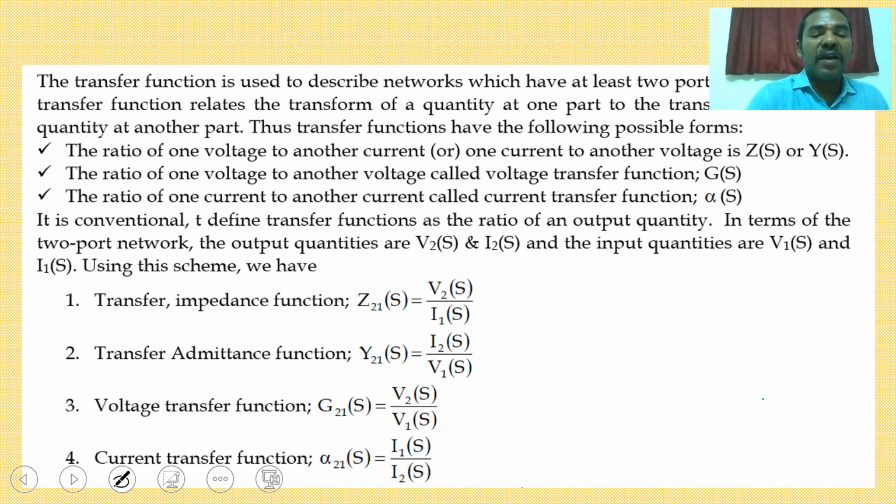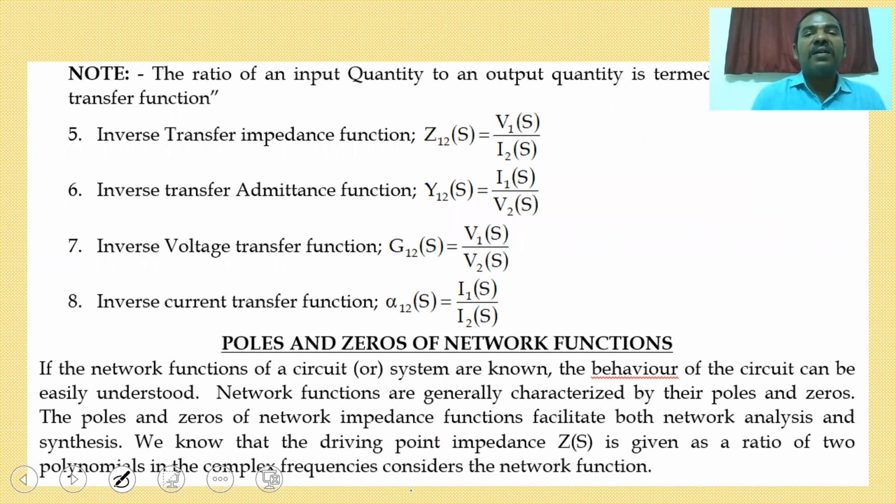So this is I2, this is I1. So these are the transfer functions. If you want to go for the inverse transfer functions, instead of Z21 you have to write Z12. So Z12 is equal to V1 of s by I2 of s. Similarly, the inverse transfer admittance Y12 of s is equal to I1 of s by V2 of s.